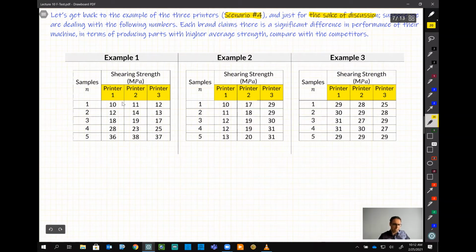Look at just the data from printer 1 and tell me what you notice. If somebody gives you these numbers, what would you say? You can see 10, then 12, 18, and then 28 and 36.